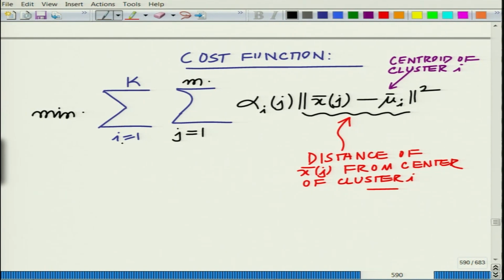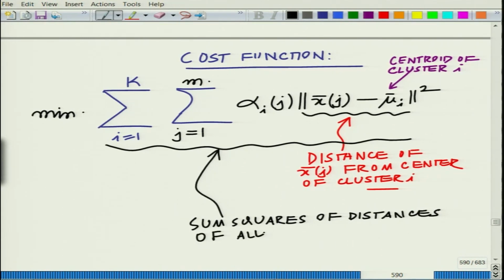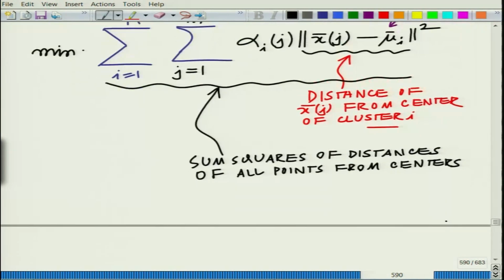And therefore, if you look at this cost function, this entire thing is nothing but the sum of squares of distances of all points from the centers of the clusters.